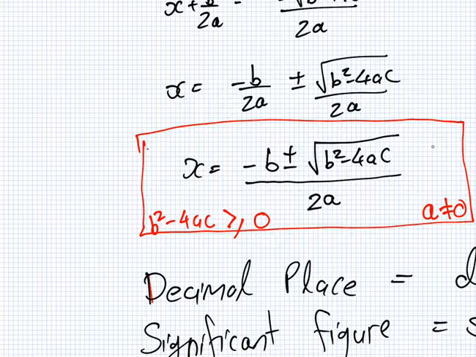So it must be bigger than 0. Could it equal 0? Yeah. But we'll talk more about that in the next lesson, because today all the quadratics, this is positive. It's a big problem if it's negative, because we can't do this.